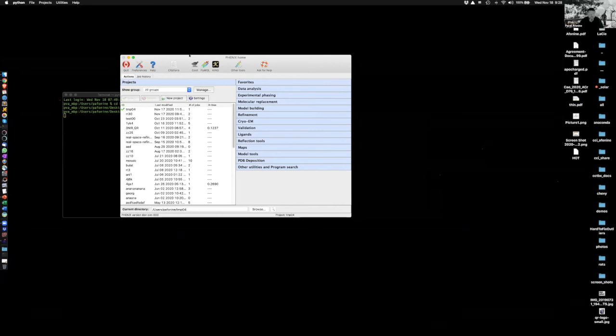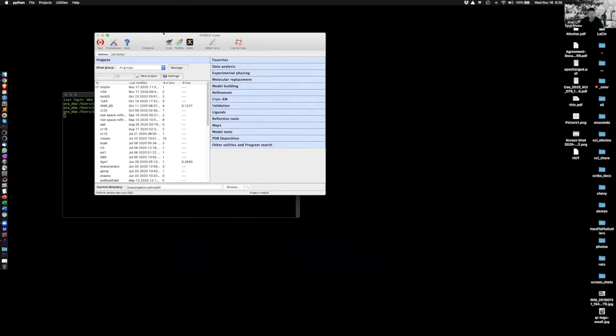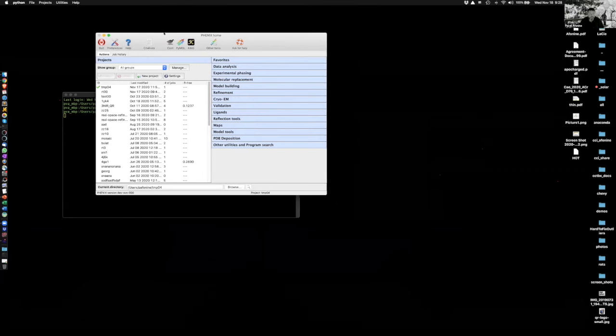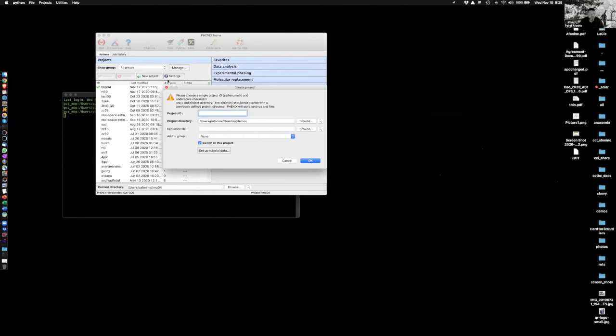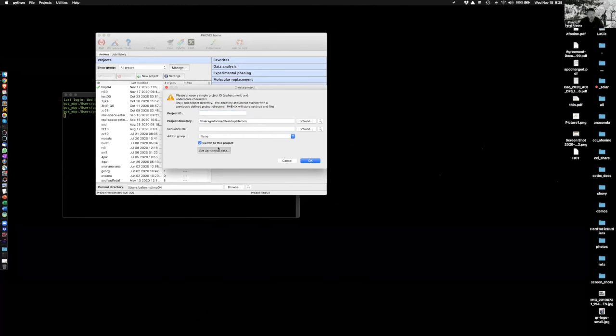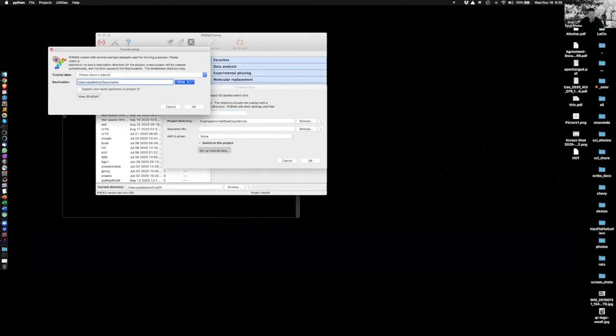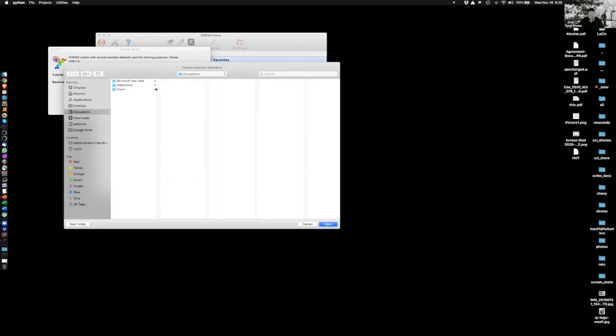Okay, I'm going to set up tutorial data. As you know from yesterday, Phoenix comes with preset tutorials, and you can run a lot of different tutorials. So I'm going to run one of the refinement tutorials.